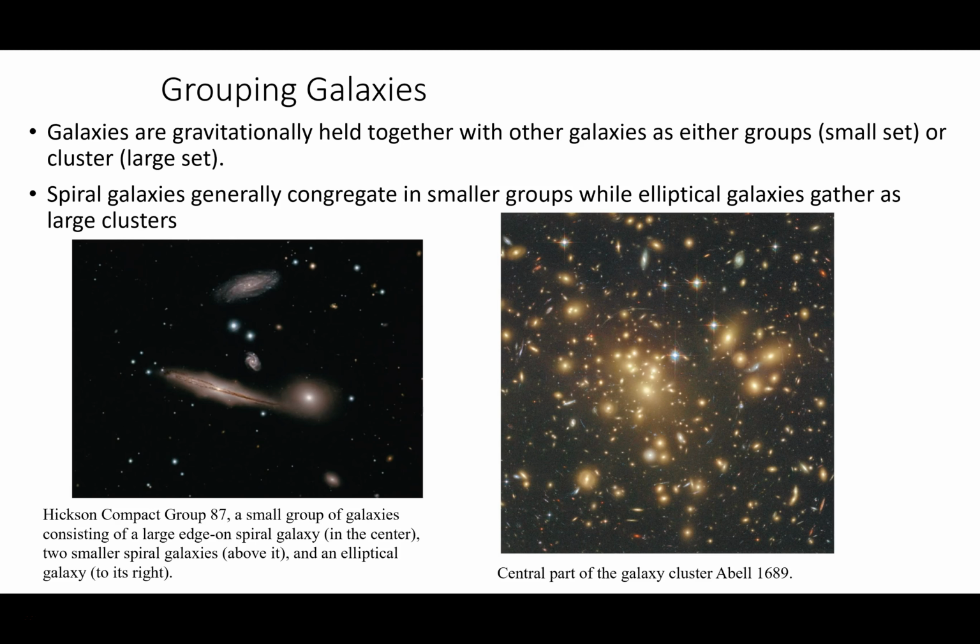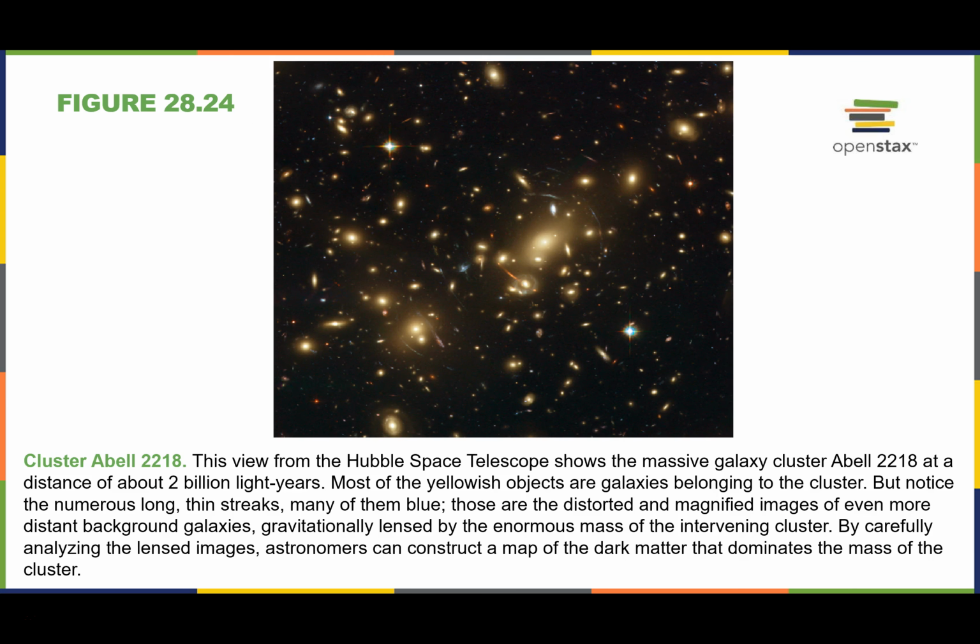Those little blue streaks are actually light from a galaxy that's beyond that group. It's called gravitational lensing. We have some gravitational lensing in this image too, those blue streaks. The reason we can see them is that they come from a galaxy beyond that group.